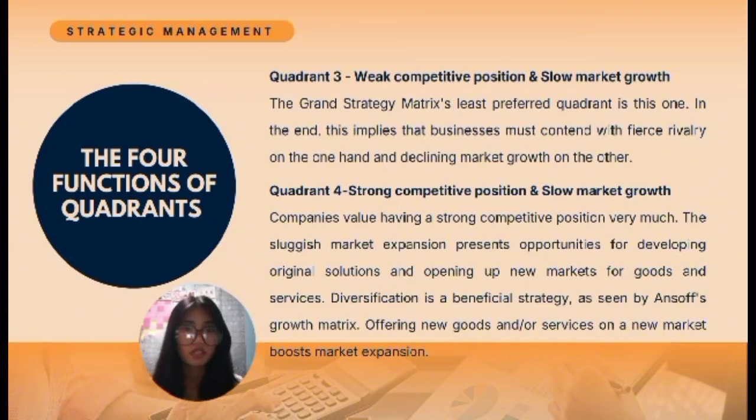And its strategies should be to reduce cost, change strategies, or improve performance. And quadrant 4 is strong position plus slow growth, meaning that the business is strong but the market grows slowly. And its goal is to find new opportunities. And the strategy should be diversification, new products, or new markets.